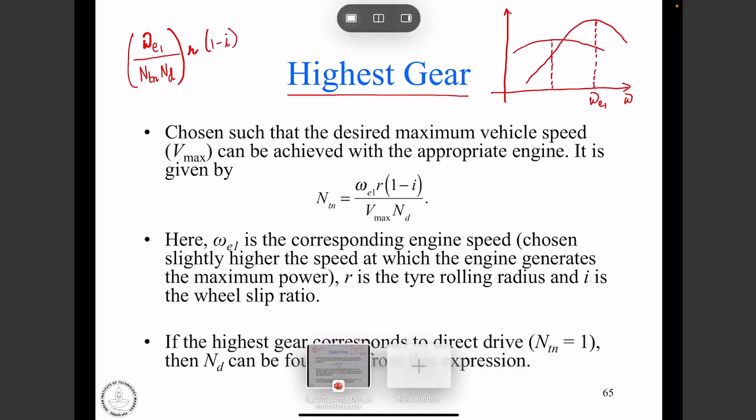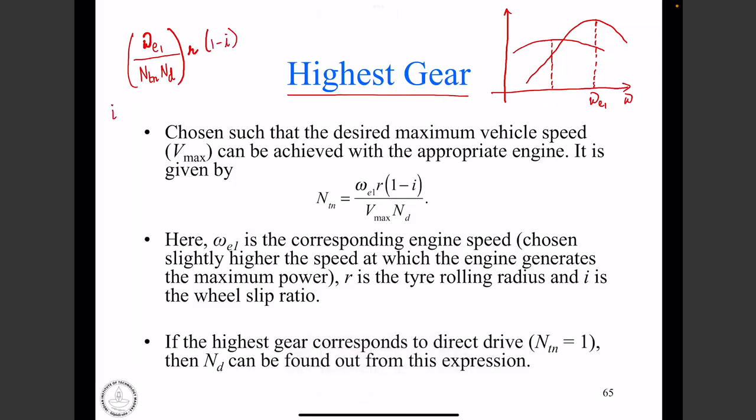During acceleration, of course, we define wheel slip ratio as lambda, if you remember. Some people will also use I for wheel slip ratio. That's why I'm introducing you to all terminologies. And when we are dealing with acceleration or drive, wheel slip ratio is defined as R omega minus Vx divided by R omega.